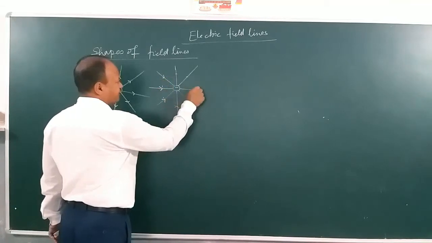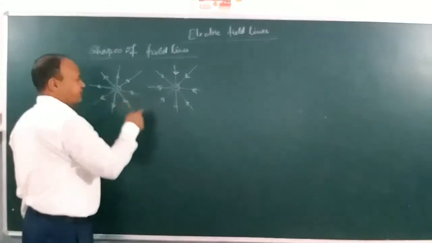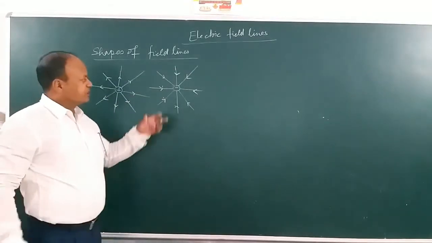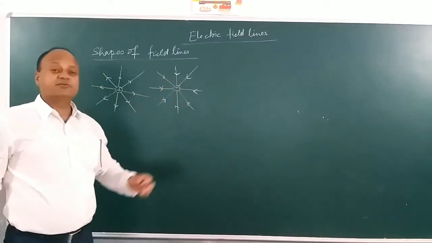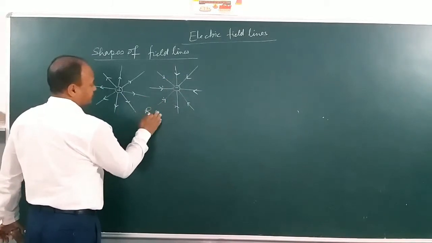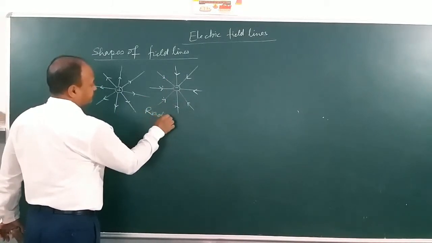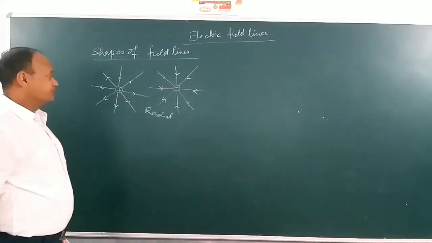If it is positive, then the electric field is what? Away from the charge. If it is negative, the electric field is what? Into the charge. In both cases, the electric field is radial. These are called what fields? Radial. The field is directed radially.